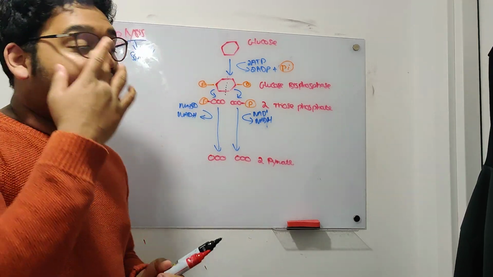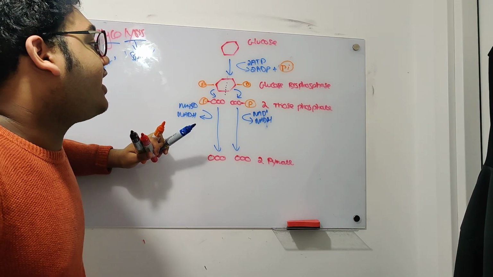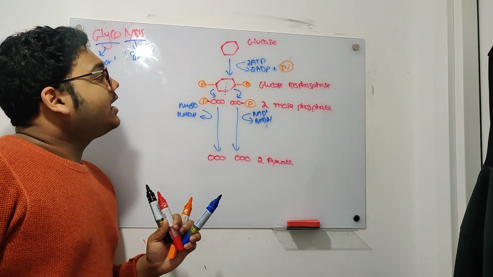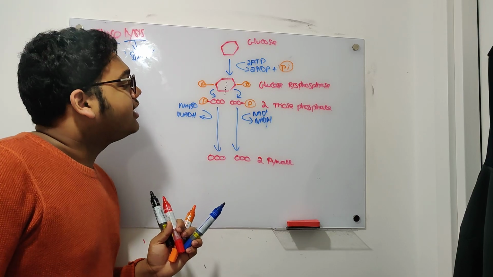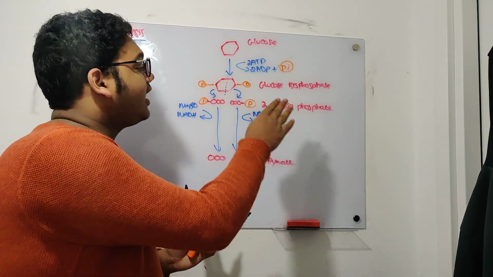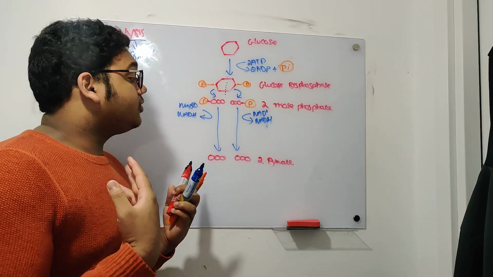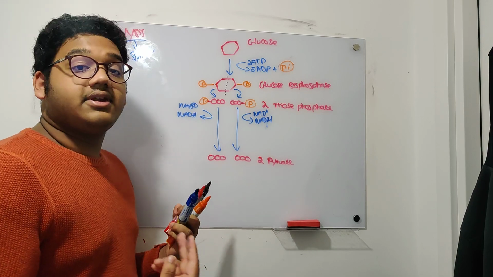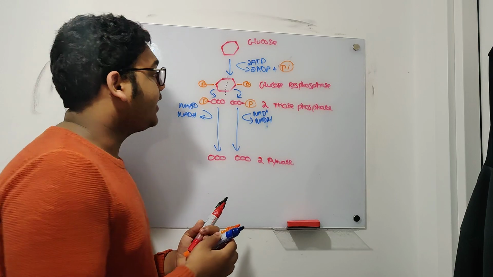In addition to that, the unique thing about this process is that we actually form some ATP out of it. I'm not going to go into the mechanism of why that happens, but in essence, you need to know that for each triose phosphate's conversion to pyruvate, you actually form 2 molecules of ATP. So I'm going to depict that over here.